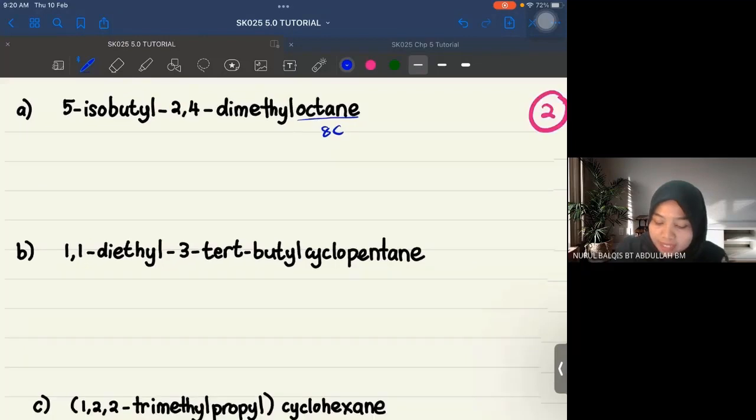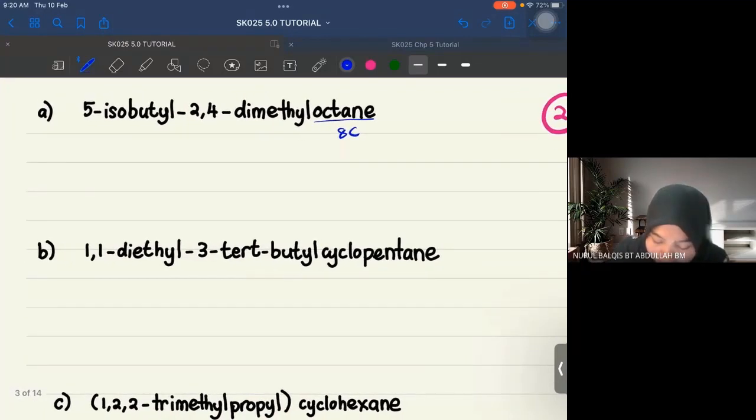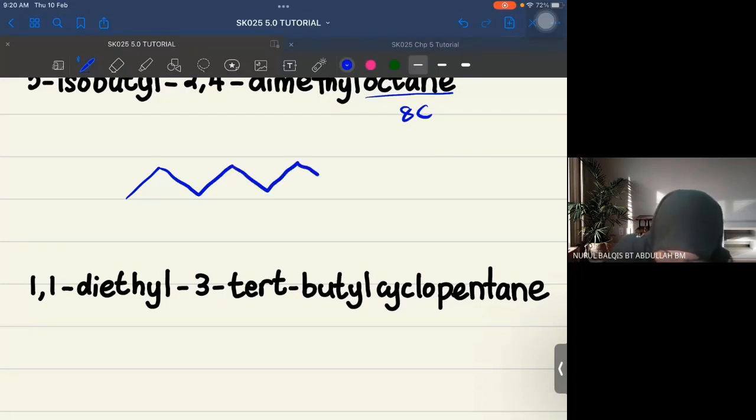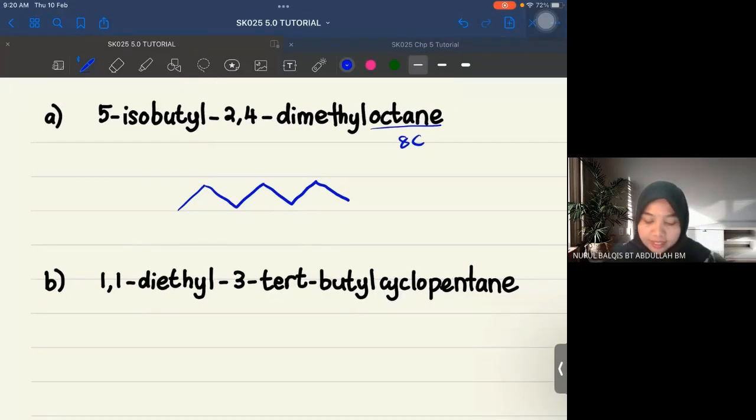So you have these 8 carbons. Maksud kita ada 1, 2, 3, 4, 5, 6, 7, and then habis octane.